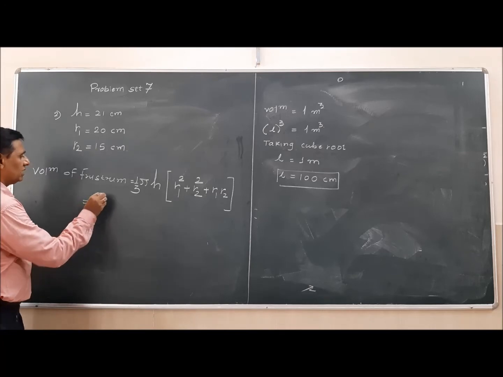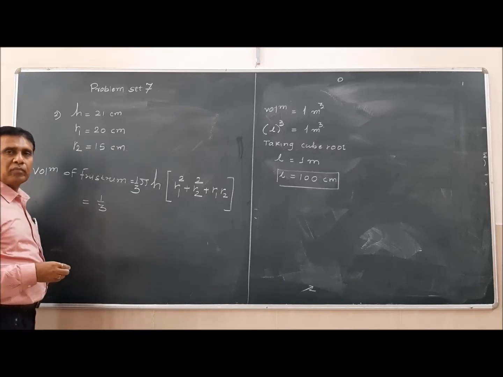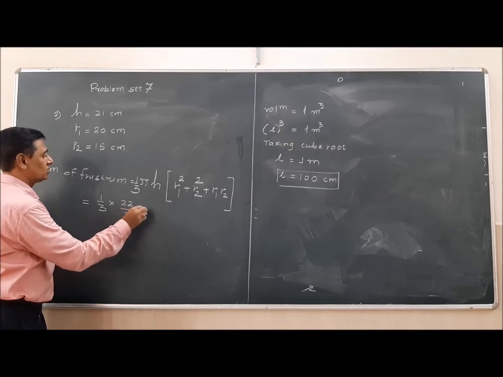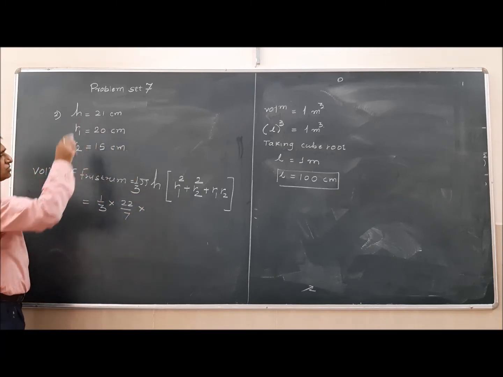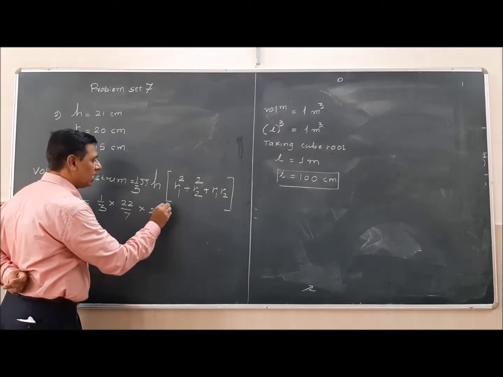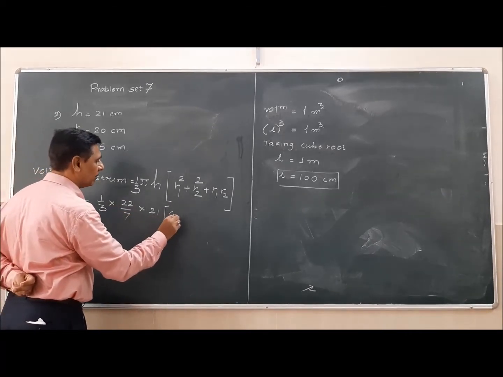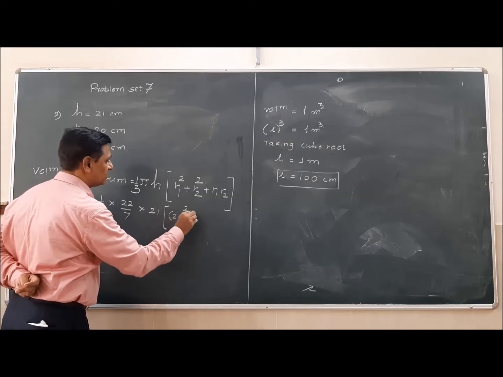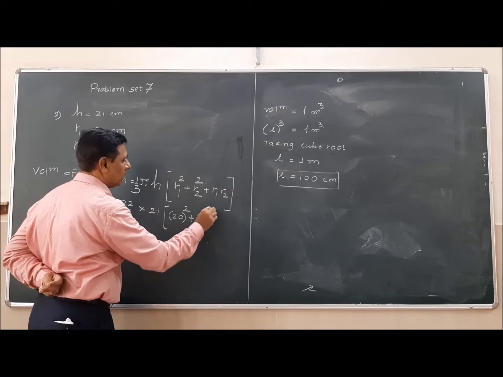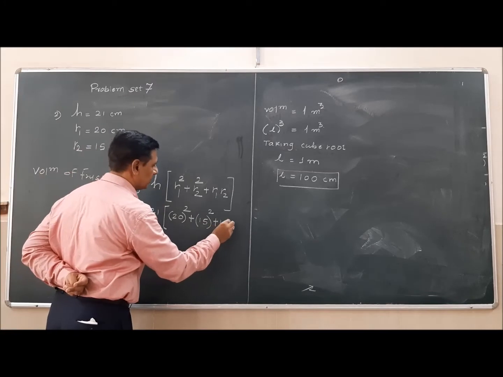Now 1/3 as it is. But the value of pi is given over there as 22/7. So let's take value of pi as 22/7. Value of h is also given, that is 21. So I'll take it as 21 into the bracket r1 square, that is 20 square, plus r2 square, that is 15 square, plus r1 into r2, 15 into 20.